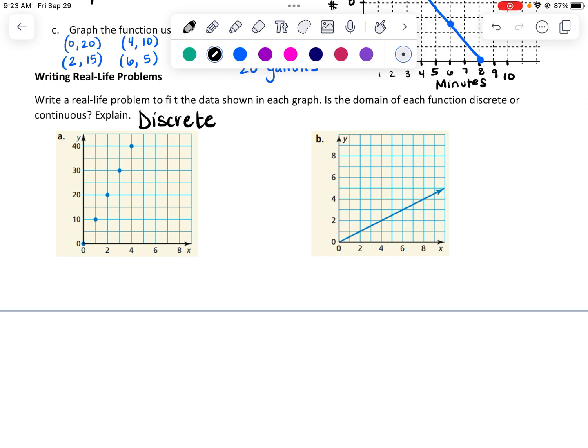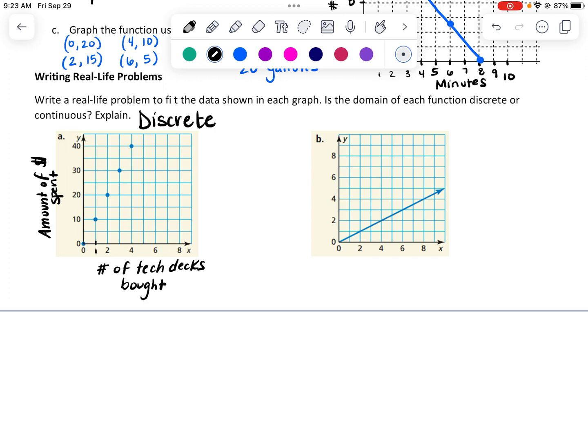Let's say the x-axis is the number of tech decks bought and the amount of money spent. If I buy 0 tech decks, I spend $0. If I buy 1 tech deck, it's $10, 2, 20, 3, 30, right? So it would tell me each tech deck costs $10.